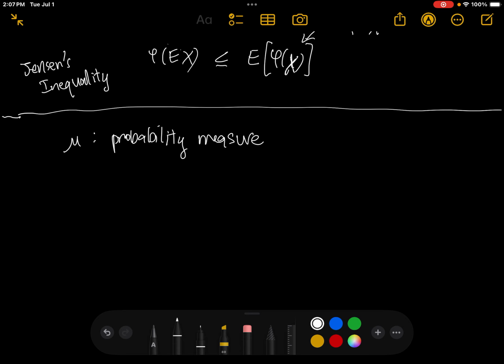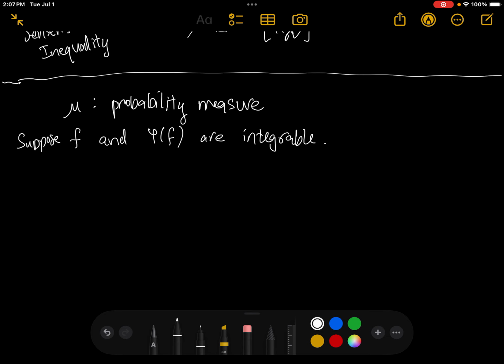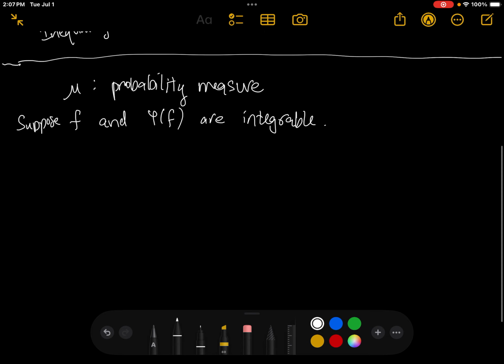We're going to use that fact. And suppose that f and phi of f, where again phi is a convex function, are integrable. Phi of f, just to remind you, means phi composed with f.